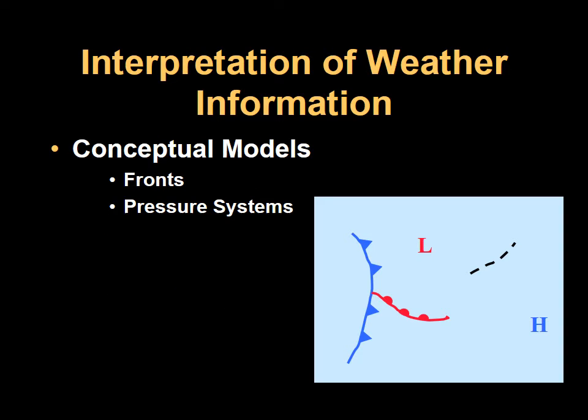And the concept that came about in the early 20th century, right around 1918, was the Norwegian cyclone model. And this is where we had the birth of cold fronts and warm fronts, and also occluded fronts and stationary fronts that describe what was going on in the atmosphere.